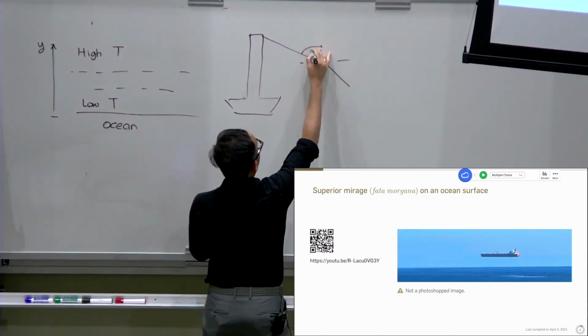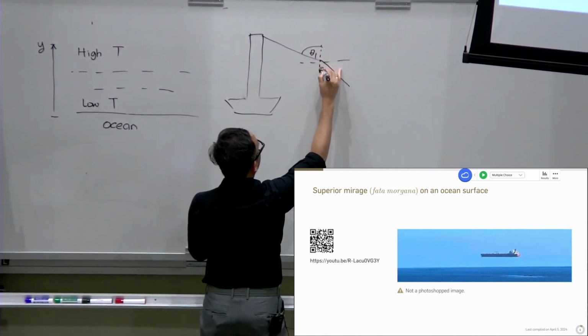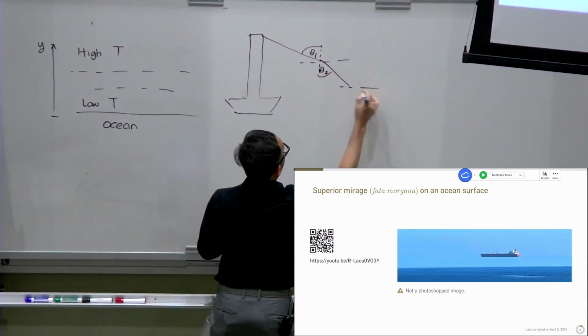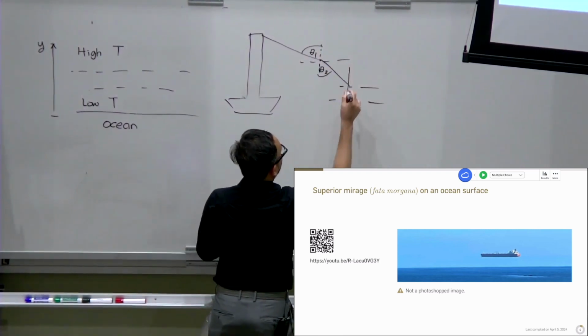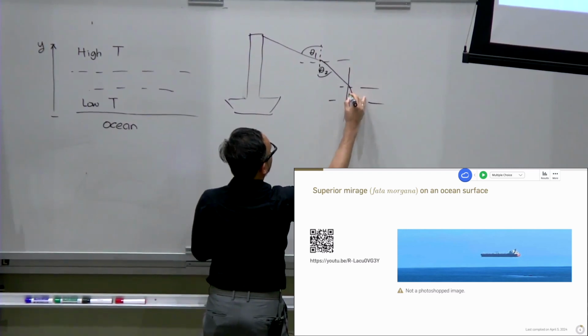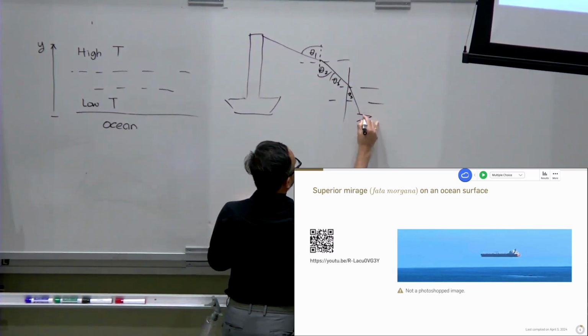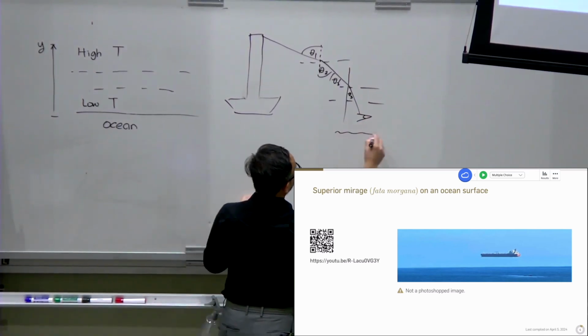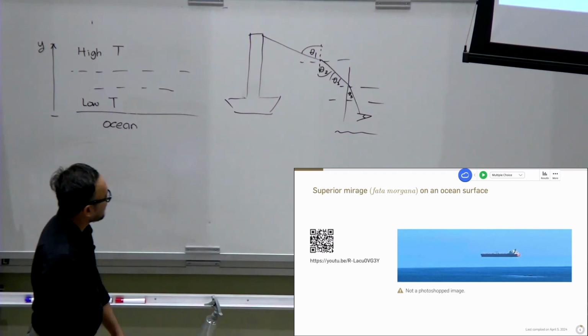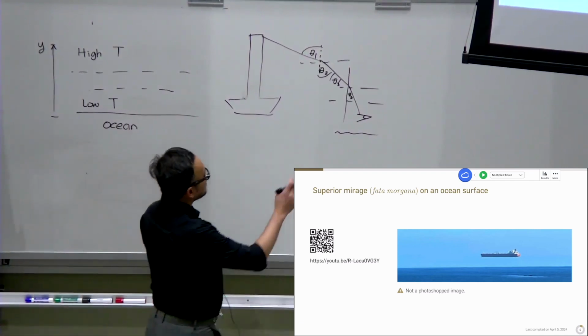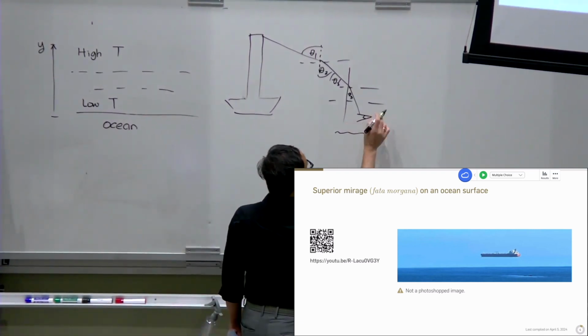The light bends between layer 1 and layer 2, and then it bends again in layer 3. Let's say this is the observer, you on a beach. Your brain interprets this angle here.